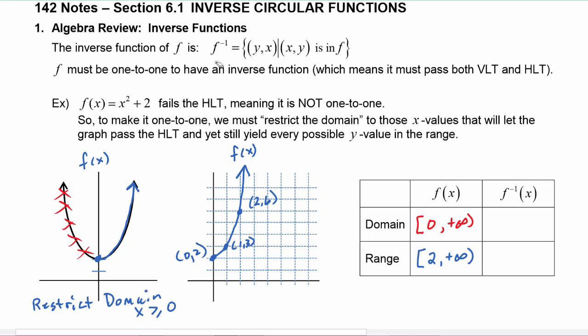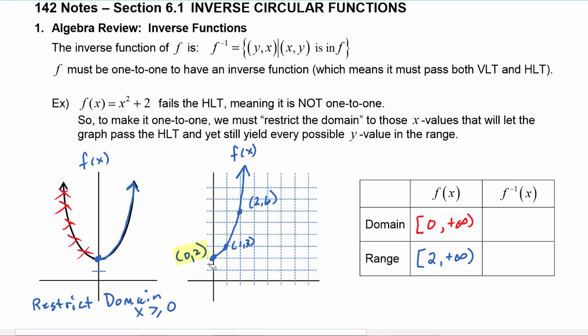Now, let's make a graph of f inverse, remembering that f inverse, by definition, is the set of points y comma x such that xy is in f. We take the points of f of x, switch their x and y values, and we're going to get the graph of f inverse.